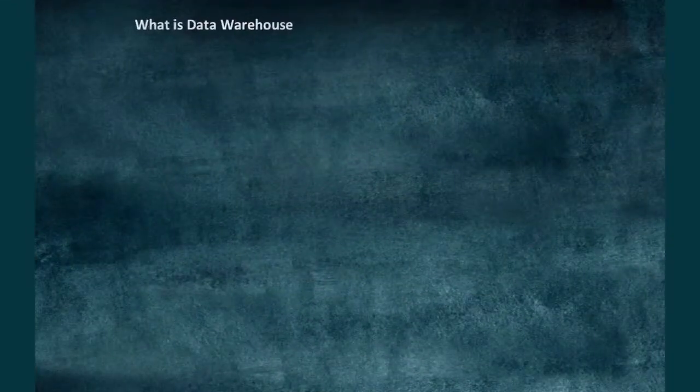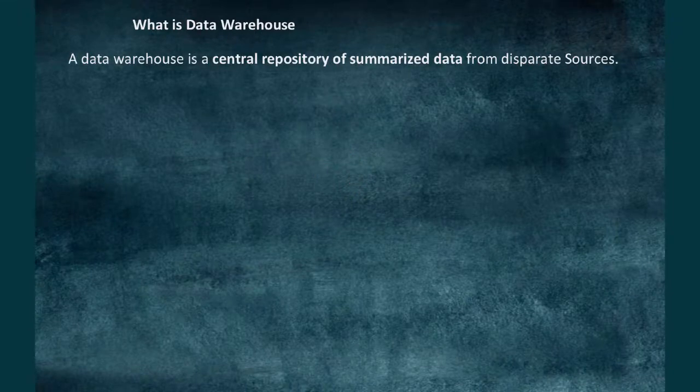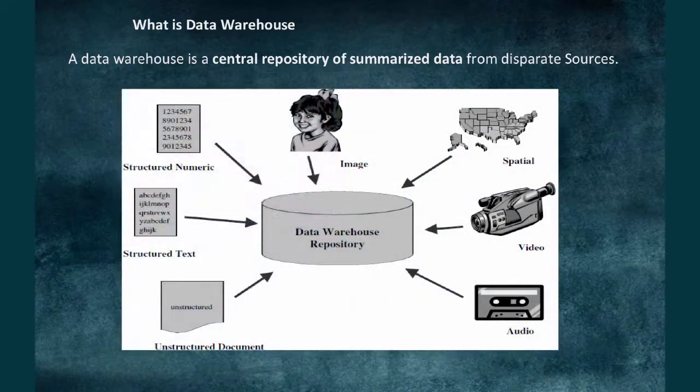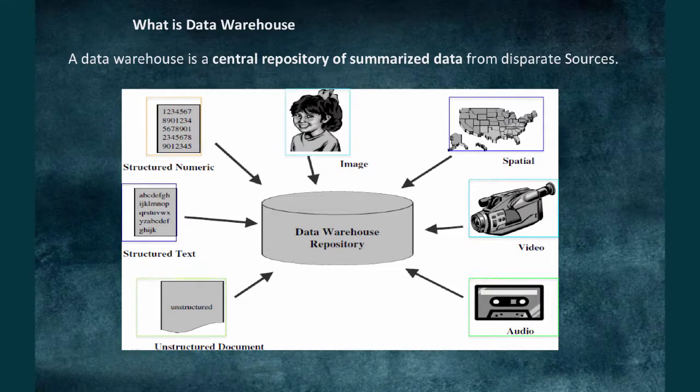What is a data warehouse? A data warehouse is a central repository of summarized data from disparate sources. Let me explain this to you with a real simple example. In this picture, we see a wide variety of data like structured numeric data, image data, geographical data, video data, audio data, unstructured document data, and structured text data.